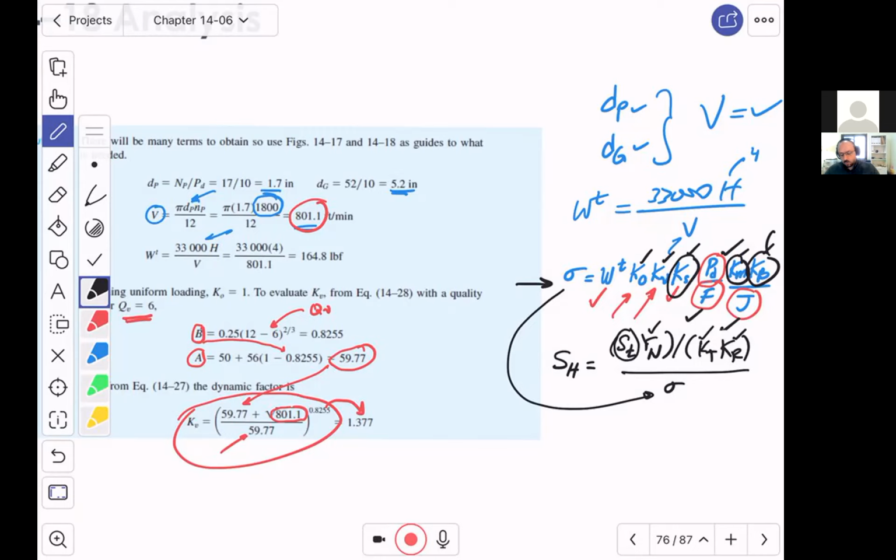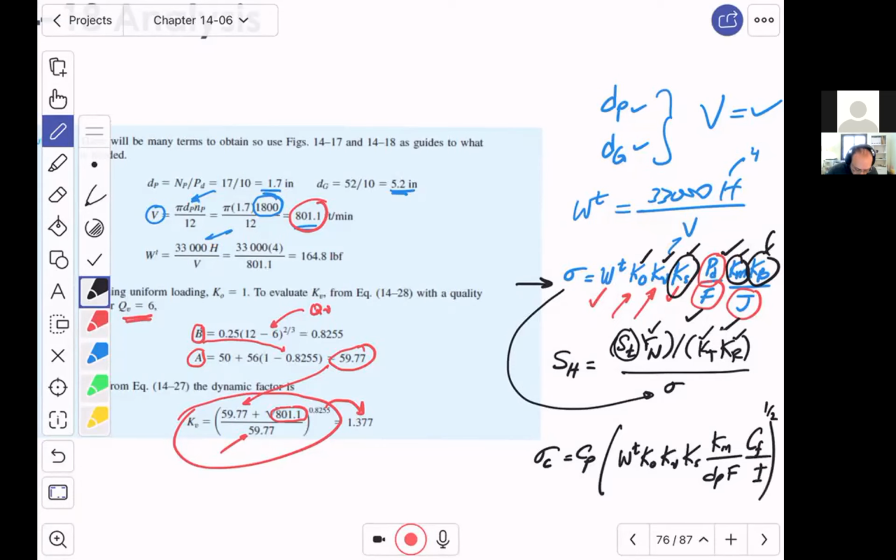Okay? Now, the wear equation, if I would have to write it for you: sigma C is equal to CP, that's a new constant, so you need to find CP, multiplied by WT, KO, KV, KS, then KM, divided by dP multiplied by F multiplied by CF divided by I, all under the square root.